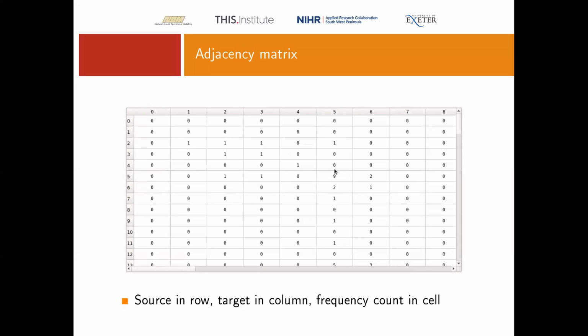We've got 9, a movement of 9 between service 5 and service 5. Those are self loops, people coming back into the same service over and over again. Between 5 and 6, a movement of 2. This is the data underpinning the shape of the network graph itself.